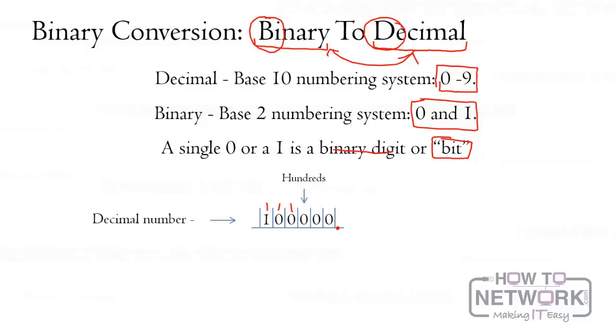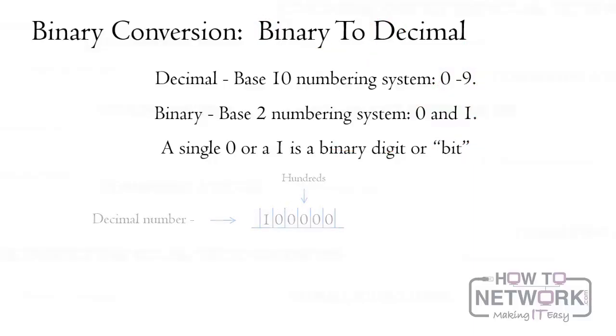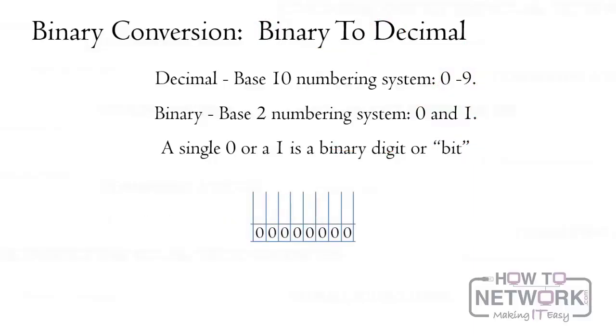In each one of these, we can have anywhere from 0 to 9, and that's 10 options in each spot. Now, in a base 2 numbering system, which is binary, we have only 2 options, a 1 or a 0 in either one of those places.